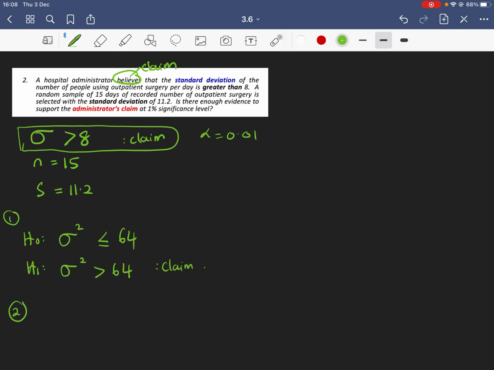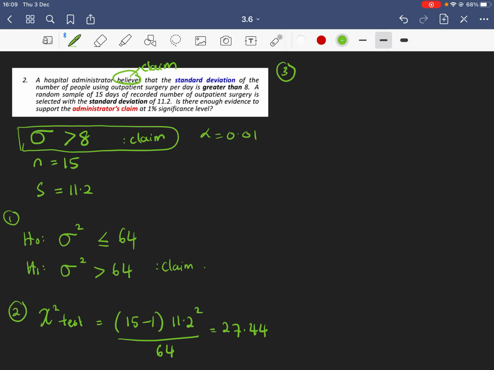Okay, step number 2. Chi-square test equals 15 minus 1 times s square, 11.2 square, over sigma naught square 64, equals 27.44.